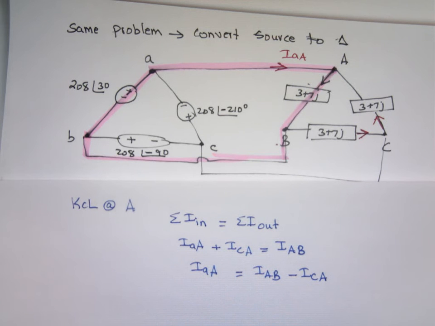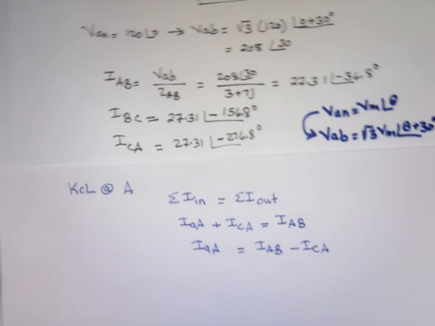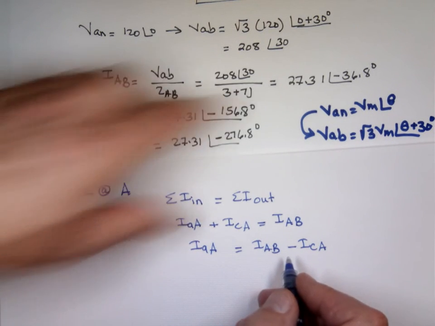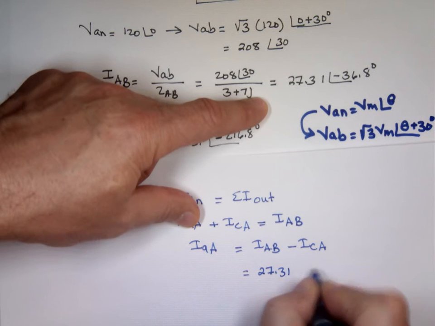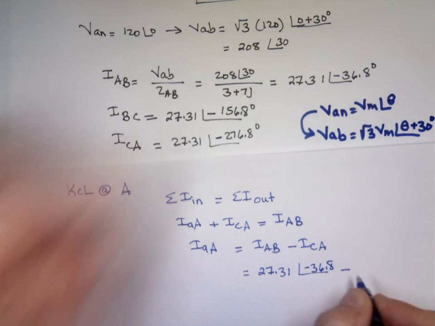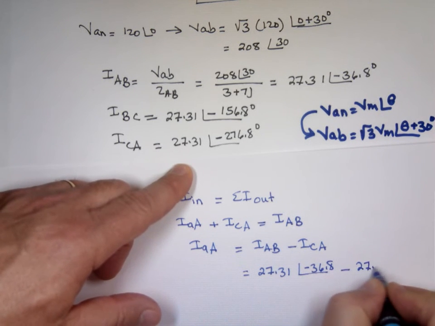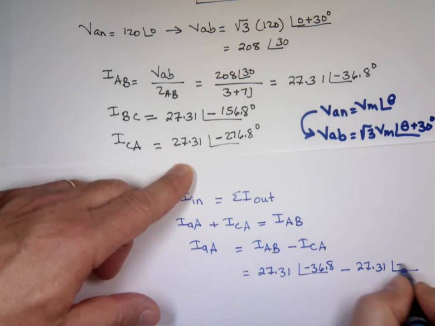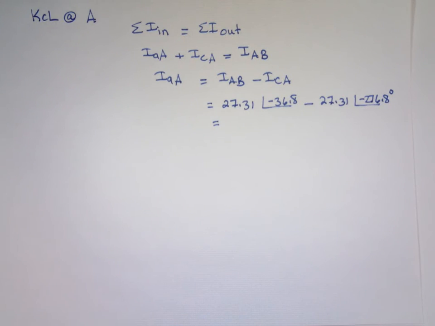Mathematically, do we know what these numbers are? I sub A to B happens to be 27.31 angle negative 36.8, minus I sub C to A, which is 27.31 angle negative 276.8. Let's see what that number is.